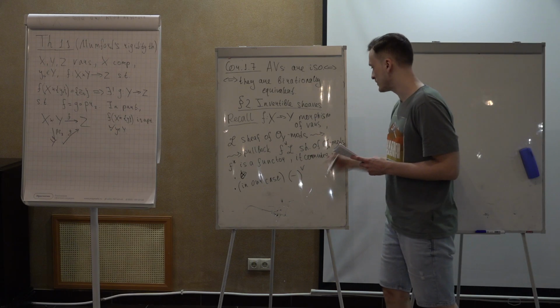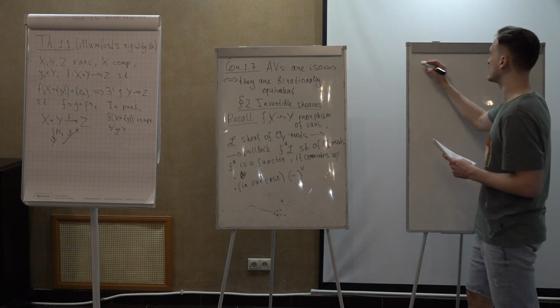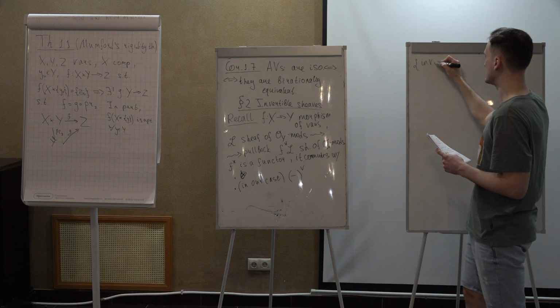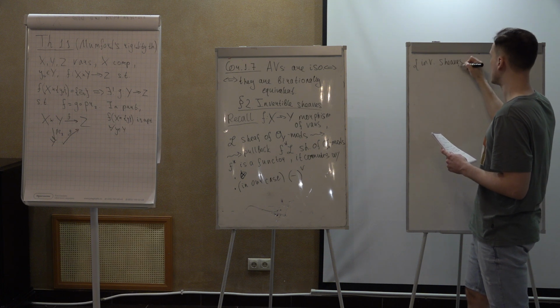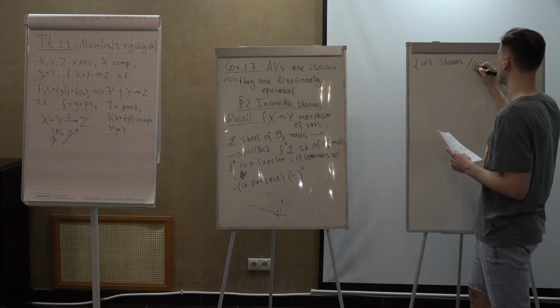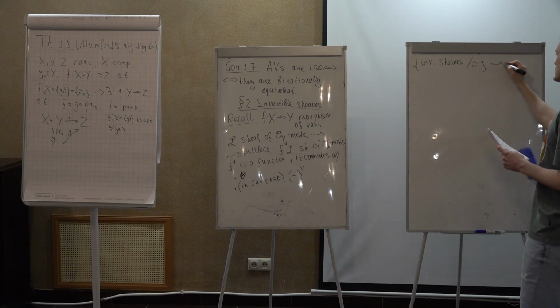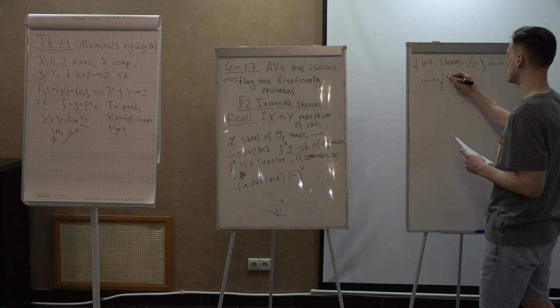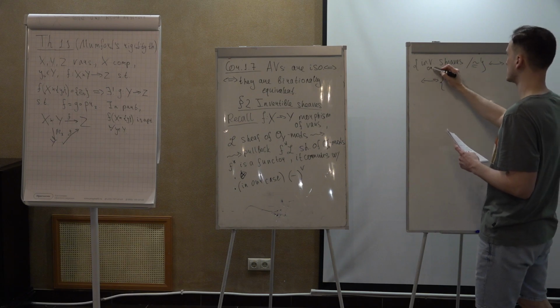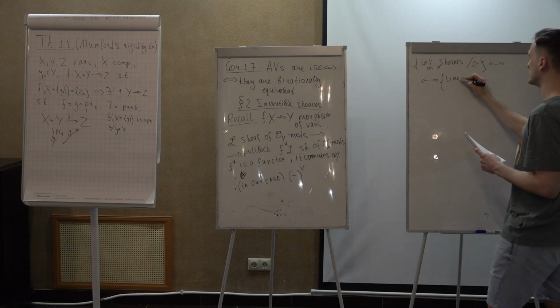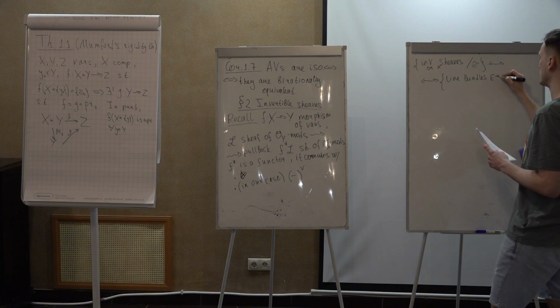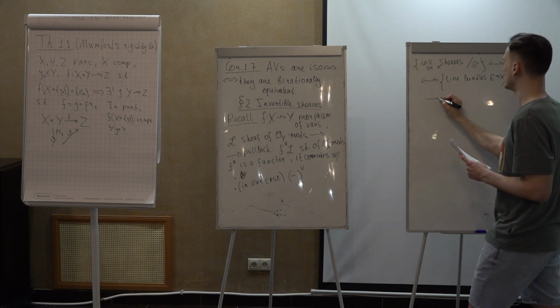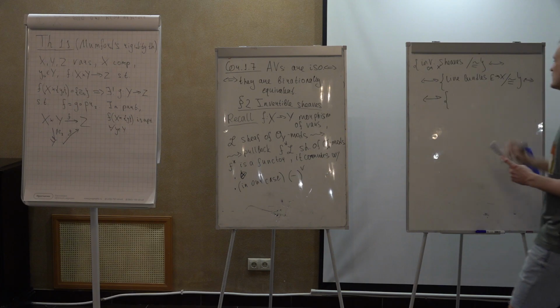But this is for general sheaves, but for invertible sheaves, we recall that invertible sheaves modulo isomorphism are in bijection with line bundles E to X, again modulo isomorphism, and in one-to-one correspondence also with Cartier divisors.